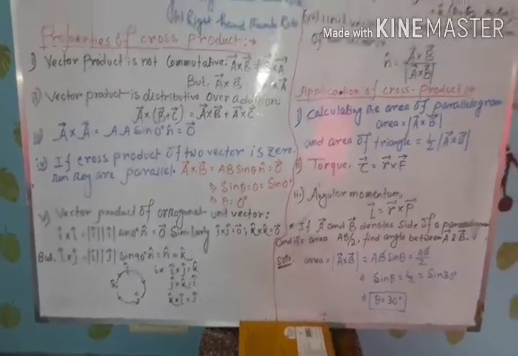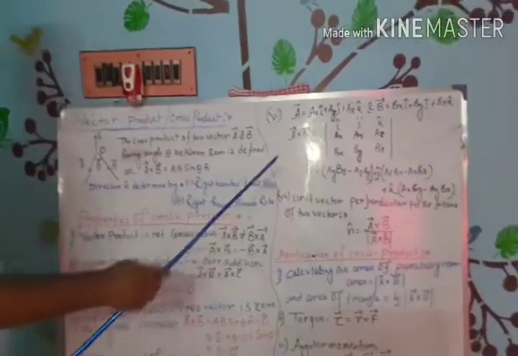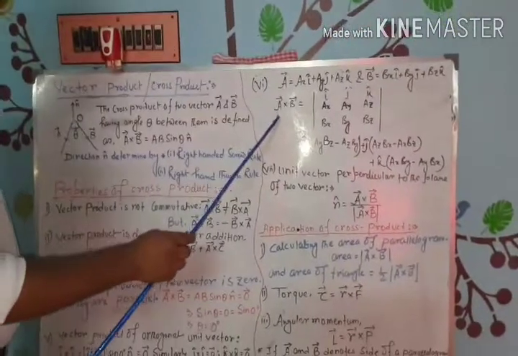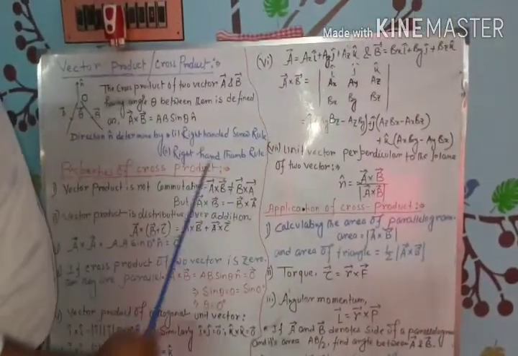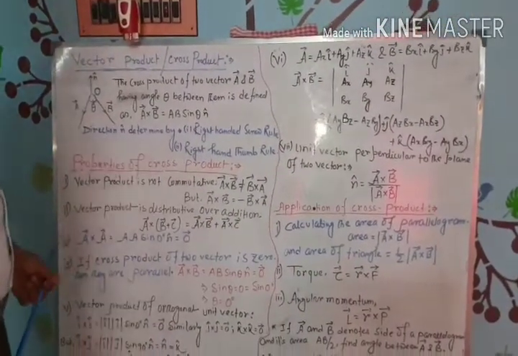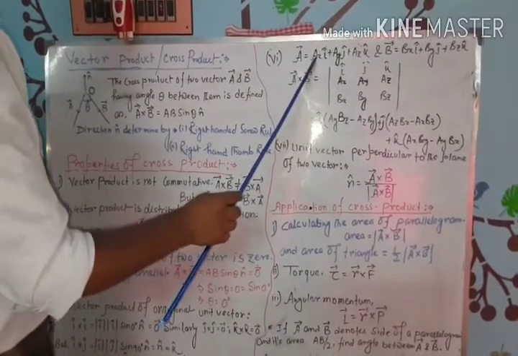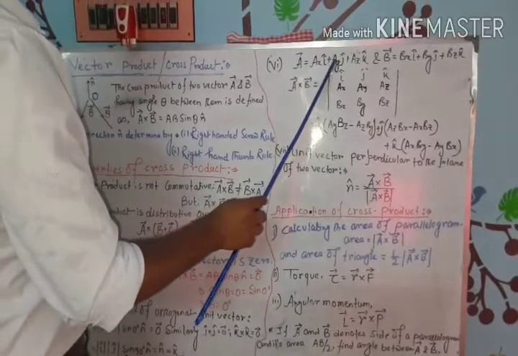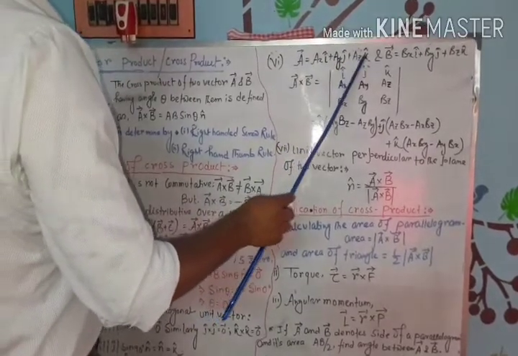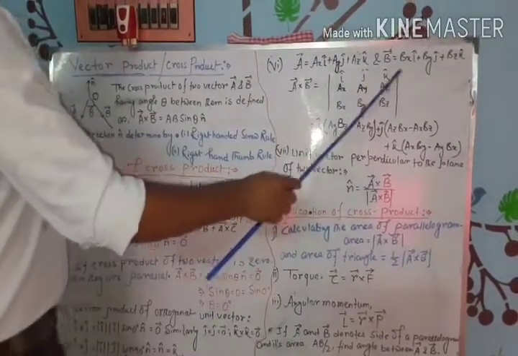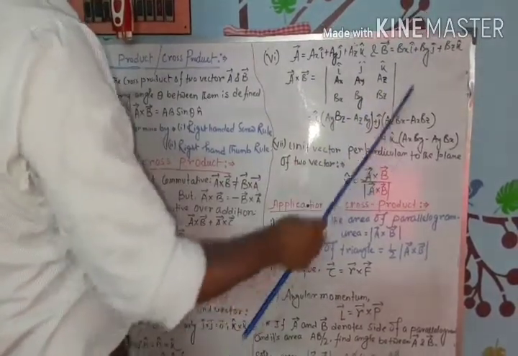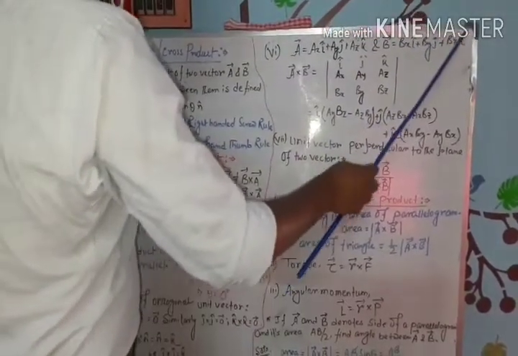Okay. Next, we have to know how we can determine the cross product of two vectors. Suppose there are two vectors. A vector equals Ax i cap plus Ay j cap plus Az k cap. B vector equals Bx i cap plus By j cap plus Bz k cap.